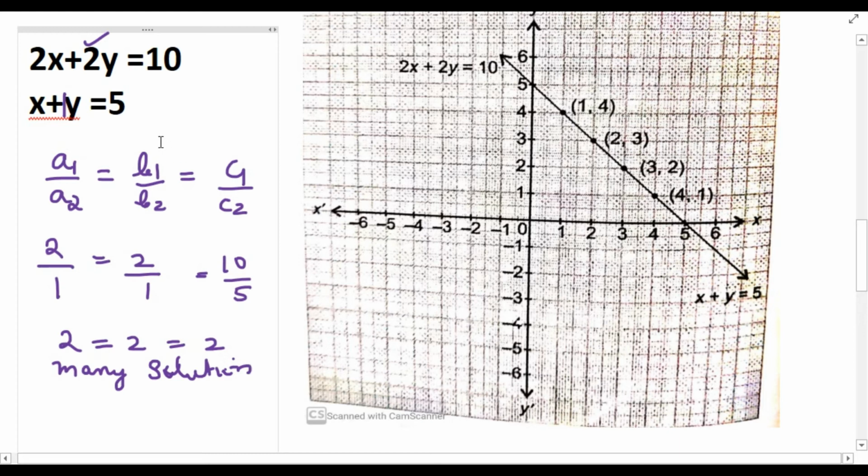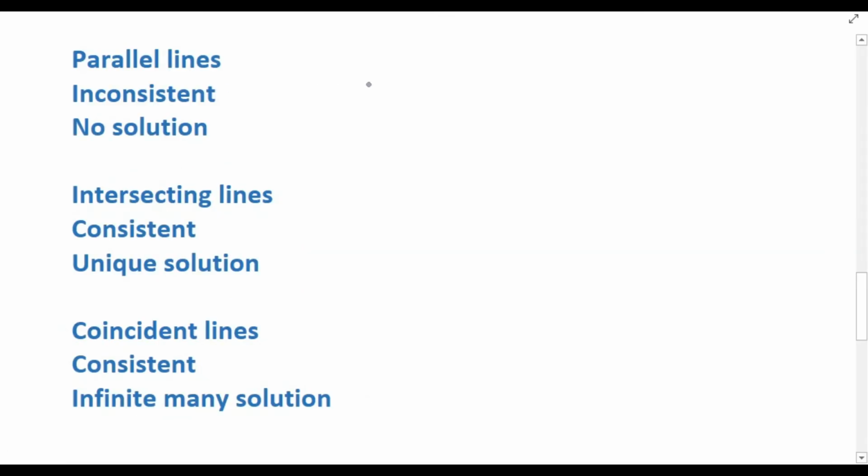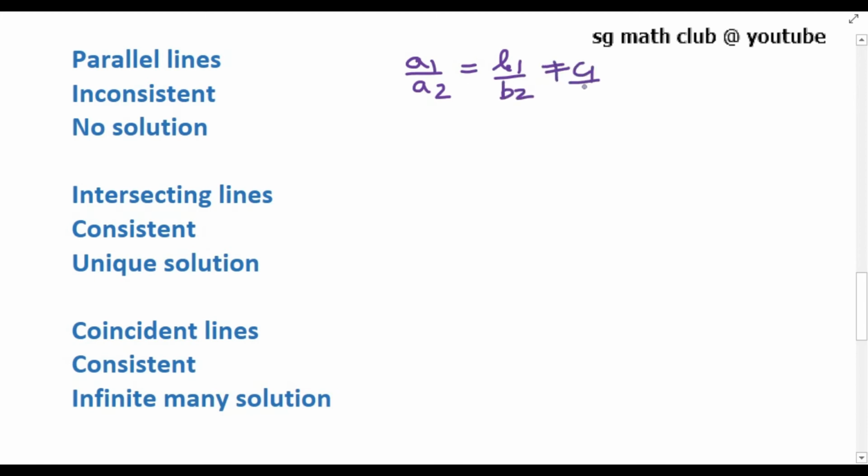So looking at the equations directly, you can just compare the ratios of their coefficients and say whether they are intersecting lines, parallel lines or coincident lines. If A1 by A2 is equal to B1 by B2 is not equal to C1 by C2, then the graph will be parallel lines, it will be an inconsistent equation, and such an equation will have no solution.